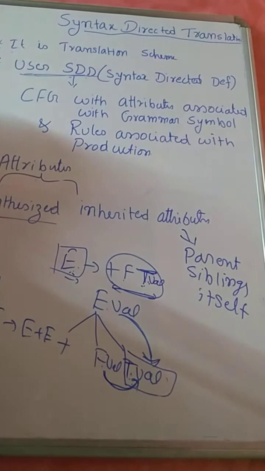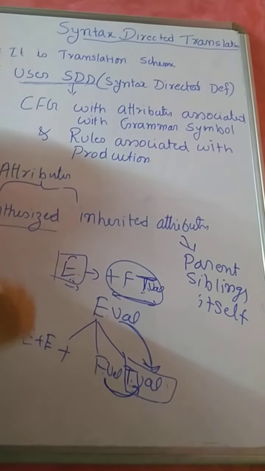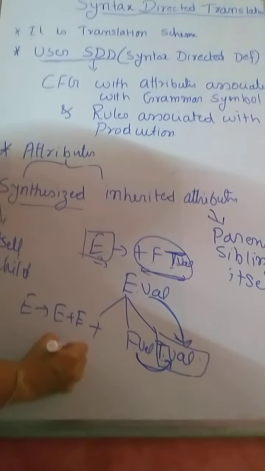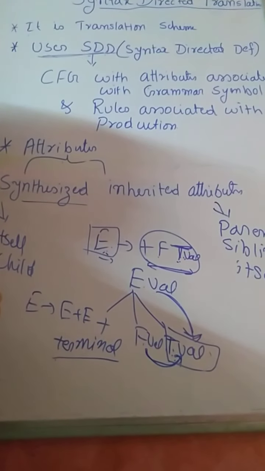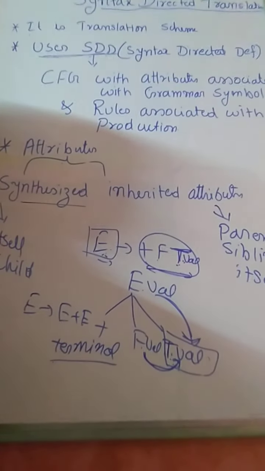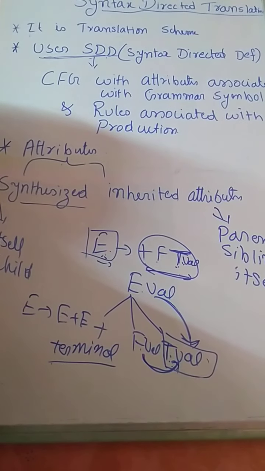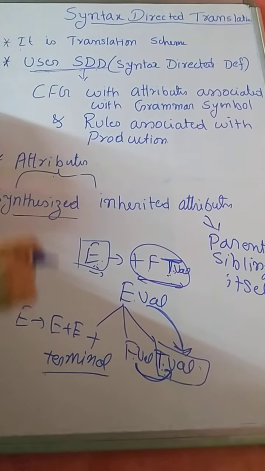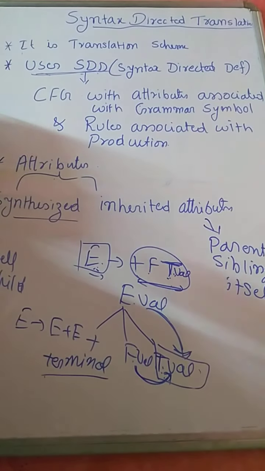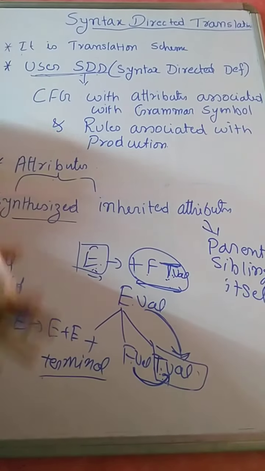Got it. And one more thing. When you take terminals, what about the value of the terminal? Is it a synthesized attribute or an inherited attribute? It is an attribute value which is passed by the lexical analysis.